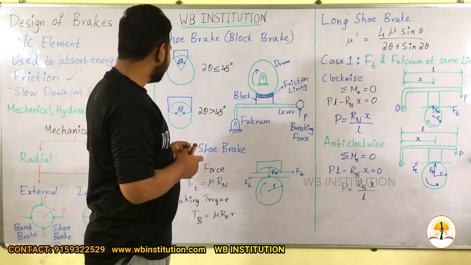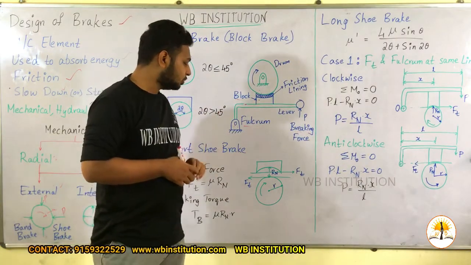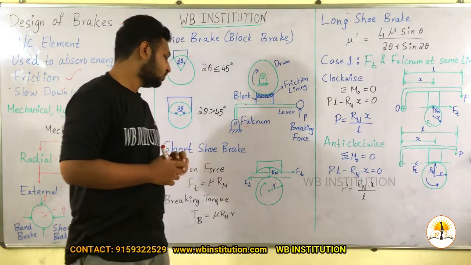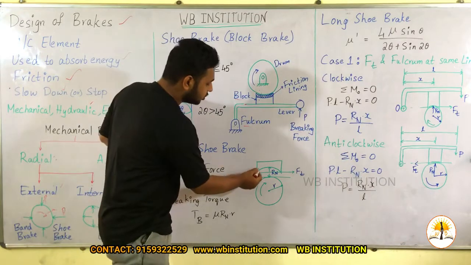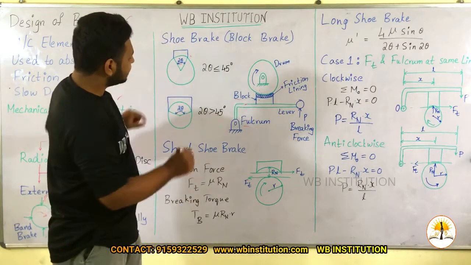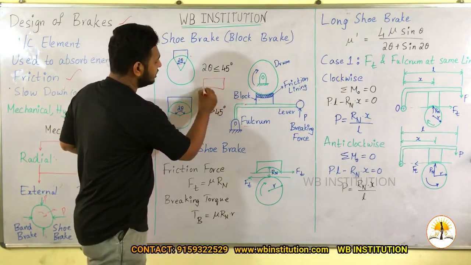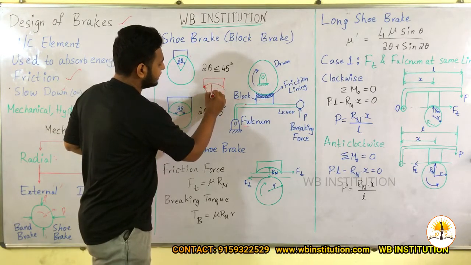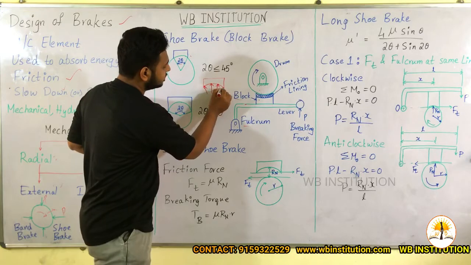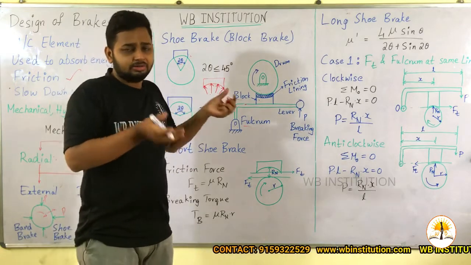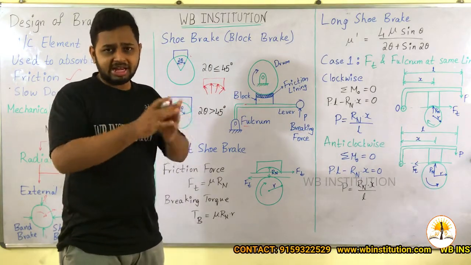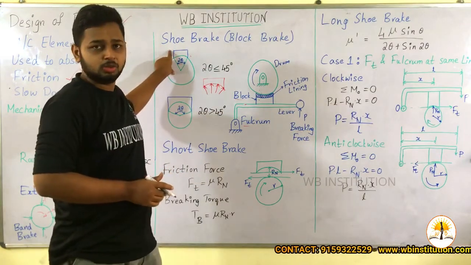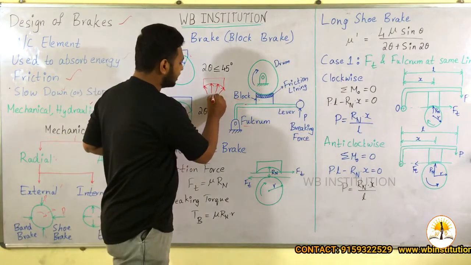So now let us see the short shoe brake. What is the amount of force which will be exerted in the short shoe brake? So here it is a short shoe brake. If we take this short shoe brake, there are some forces acting on the surface of the shoe. These forces may be variable, but while considering the short shoe brake, we will take them as common.